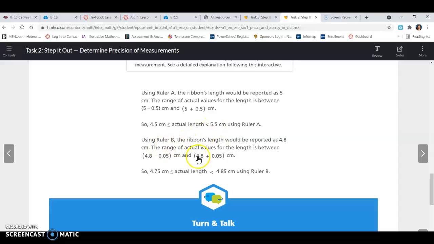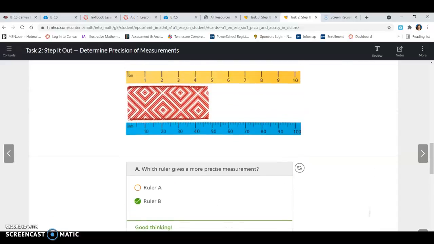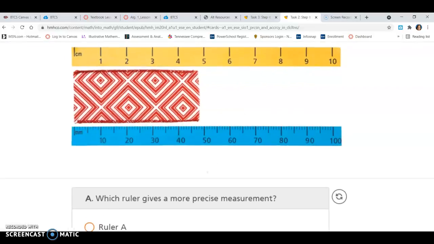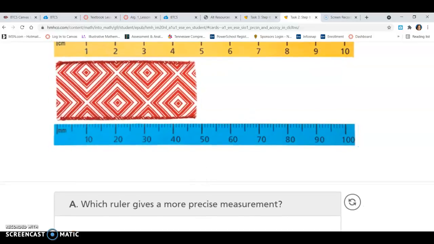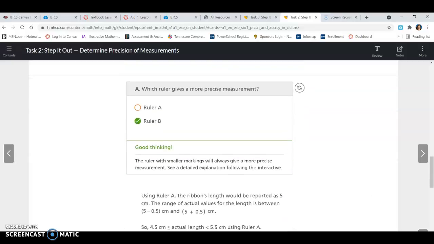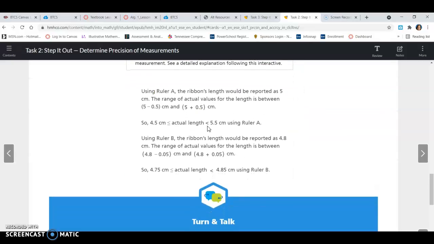All right, using ruler B, the ribbon would be reported as 4.8. Again, if you go back up here and look, this is going to be 4, 4.5, 6, 7, 8. You can see right there that it looks like about 4.8. You can always expand that a little bit if it's hard to see. I blow mine up all the time. Okay.